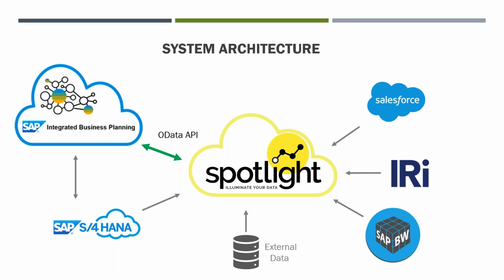Yeah. So what that enables is the ability to do analysis outside of the IBP data system, right? Whether that's doing things along the lines of additional machine learning algorithms around forecasting, bringing in IRI data or Salesforce data or any external data source, and then using that to create a different machine learning algorithm.